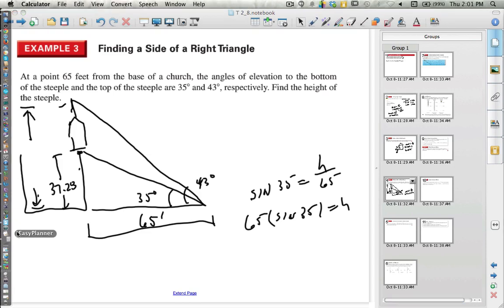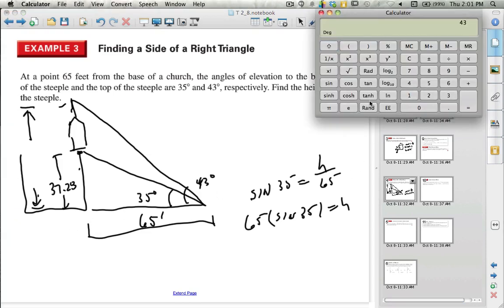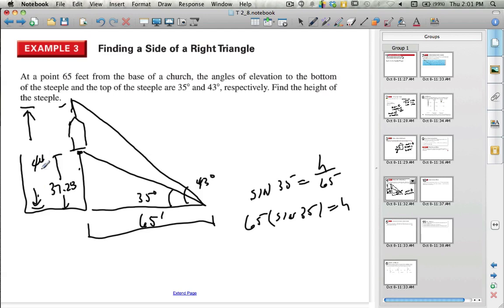So if I pop in 43 degrees, sine times 65 equals, I'll get 44.33. Okay, so this is 44.33. And then the steeple will be the difference between the two. So it looks like the height of the steeple is 7.05 feet.